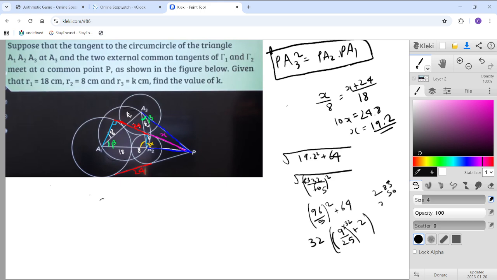Not 285, I'm sorry, this is 283. 9 2s are 18, 270 plus 18, so 288.